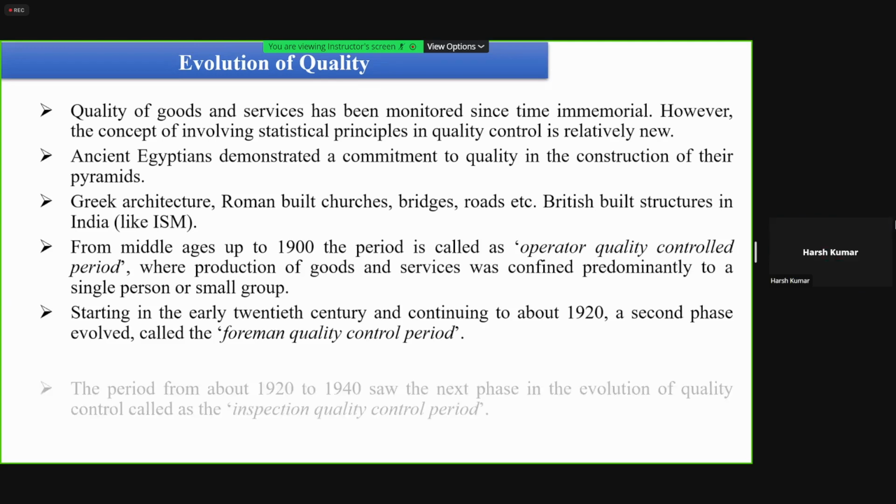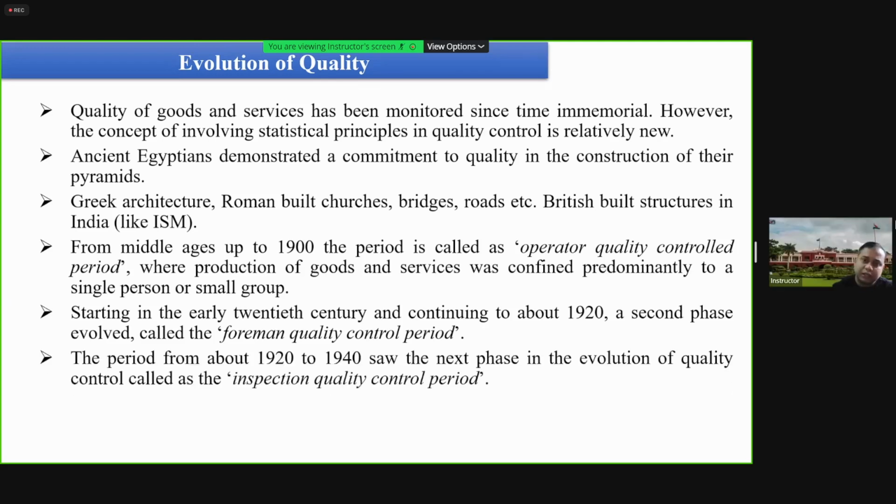That era was called the inspection quality control period. So first it started with operator quality control, then foreman quality control, and then moved to the inspection quality control period.